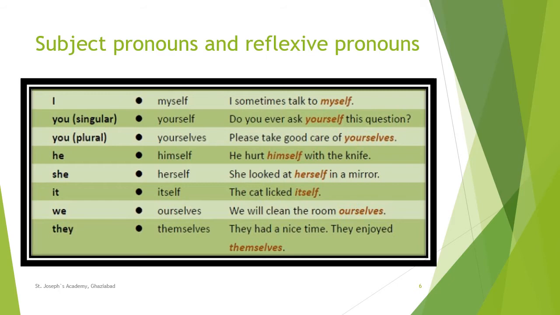Next, when the subject is you in the plural form, then the reflexive pronoun will be yourselves. For example, please take good care of yourselves. When the subject is he, the reflexive pronoun used will be himself.